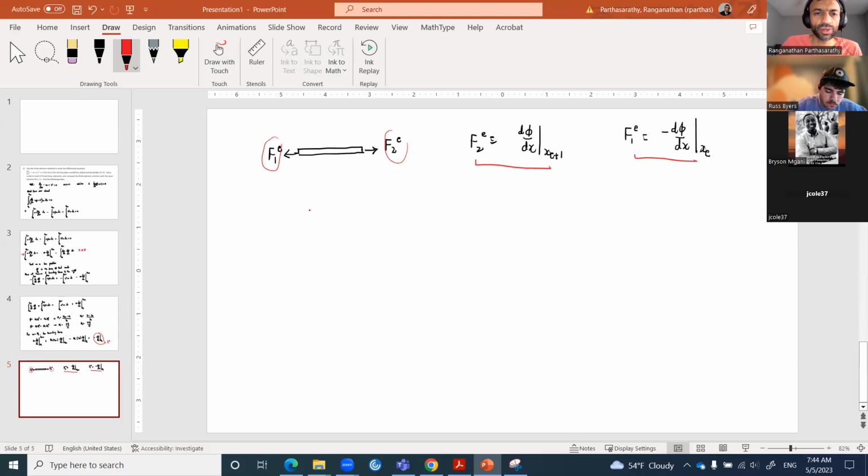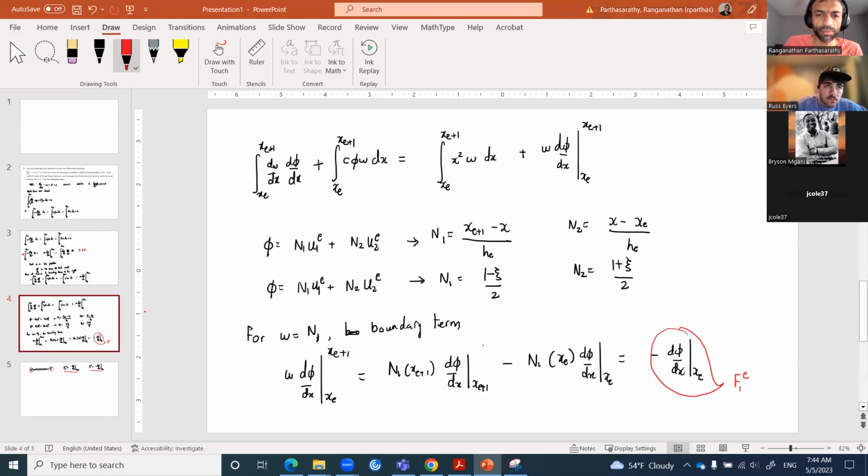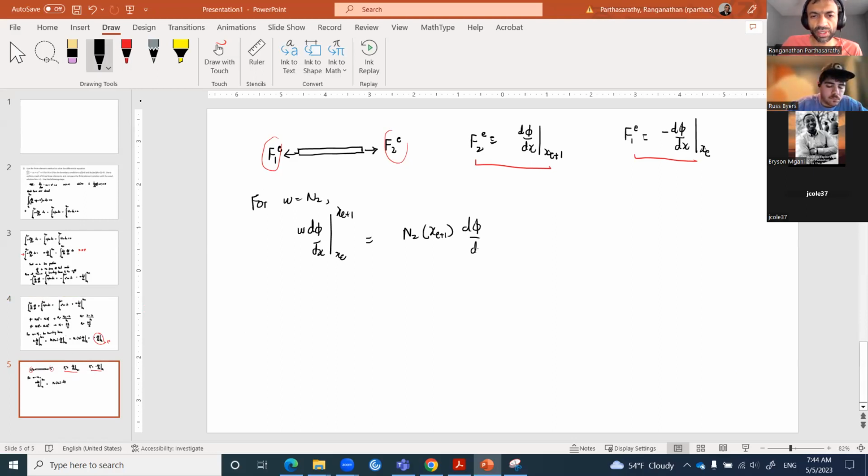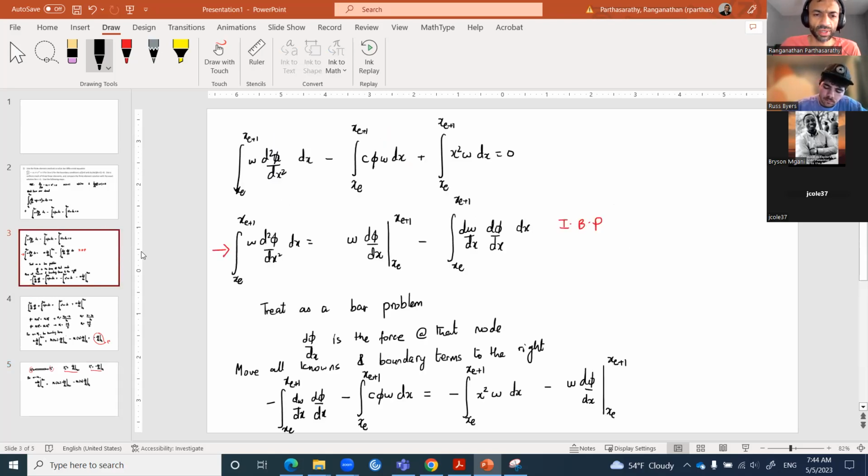And for W is N2, N2 W dphi by dx from x_e to x_e+1 becomes N2 at x_e+1 dphi by dx at x_e+1 minus N2 at x_e dphi by dx at x_e. Now we know that N1 and N2 are like that.